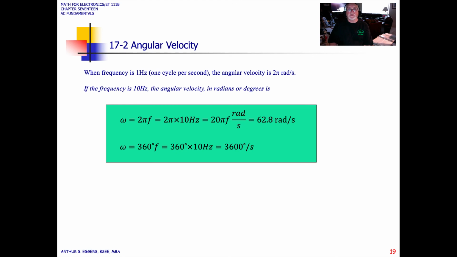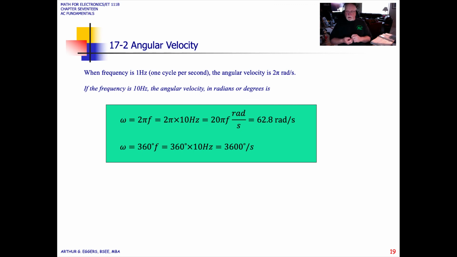So we end up with 62.8 radians per second. If instead of 2 pi we use the degree relationship, 360 degrees times the frequency, 10 hertz gives us 3,600 degrees per second.